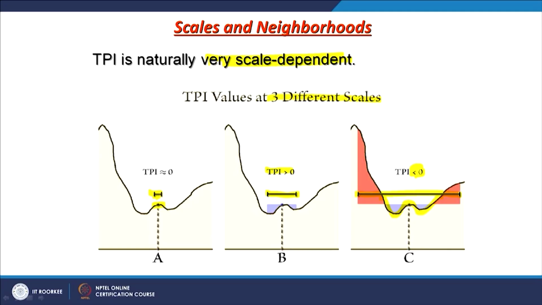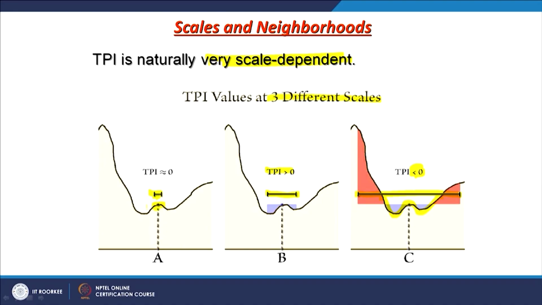So, what this example basically tells us is that even for the same area, if the scale or the spatial resolution of the input digital elevation model is different, the same area will be identified completely differently.